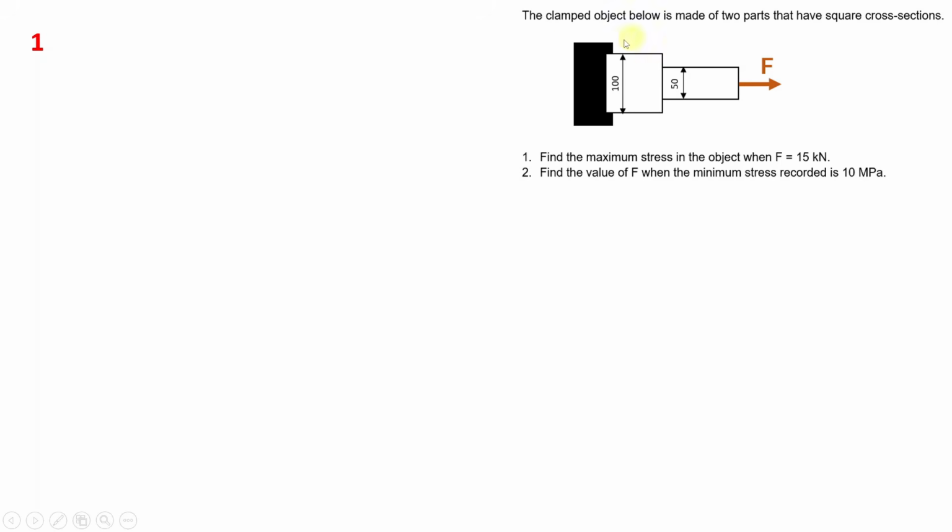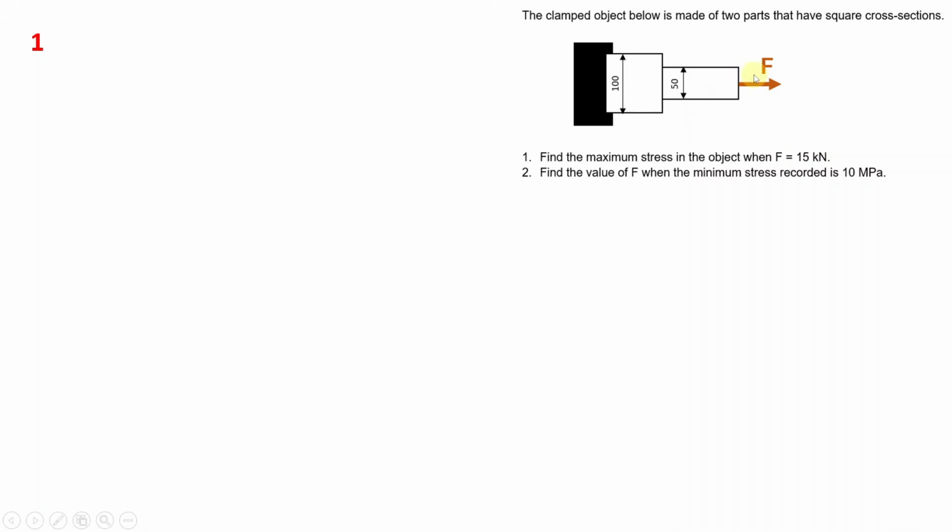As you can see, this object is made of two parts, and the place where you will have the smallest cross section is here, because here the cross section area is smaller than the cross section area that you have here. And remember, you are told in the question that the cross sections are square. So since here we have the smallest cross section, this is where we will have the maximum stress. For question number 1, the value of the force is given as 15 kilonewtons.